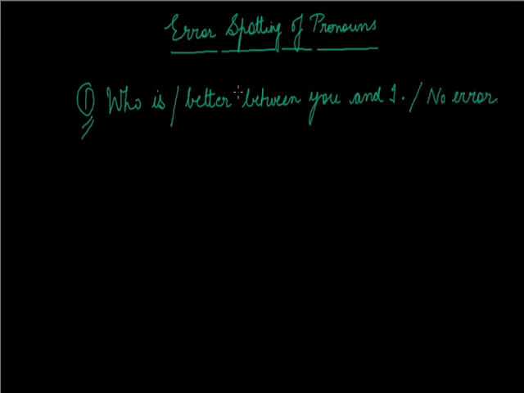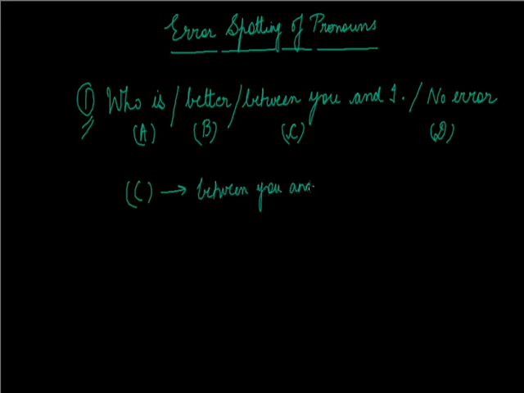Four parts are there: A, B, C, and D. Can you tell me which part of the sentence contains error? Okay, I'll tell you. The error is in part C. Here should be between you and me. Here is given between you and I, but it should be between you and me.